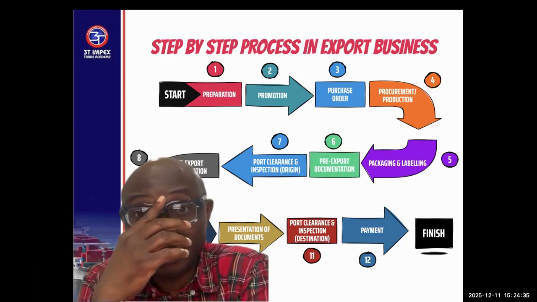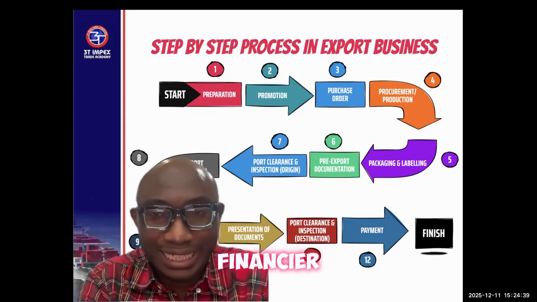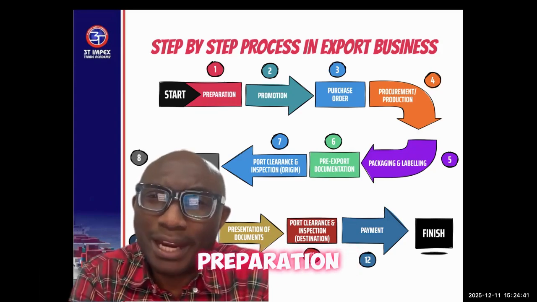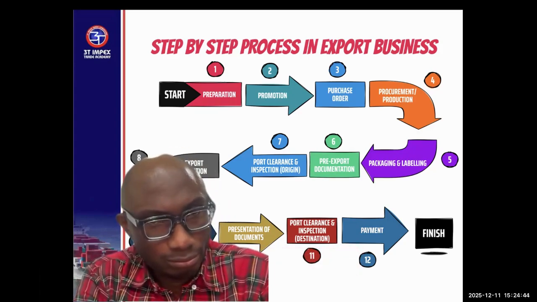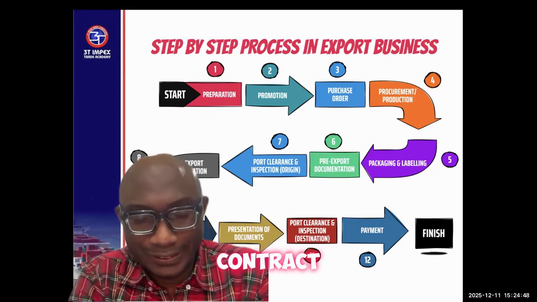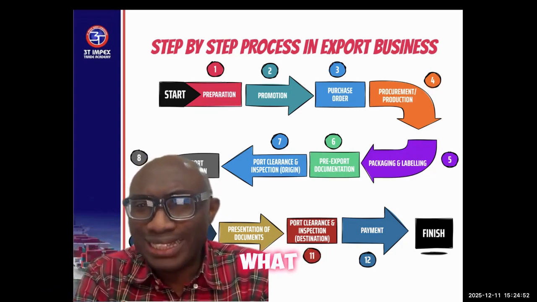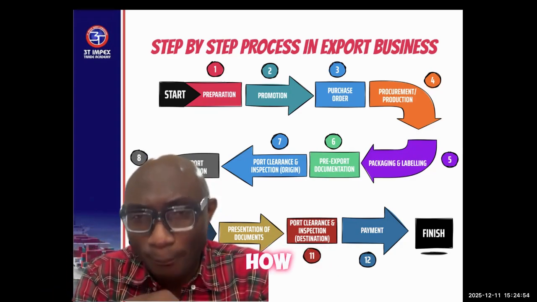In fact, to a financier, the purchase order helps the financier to know the level of preparation required to implement and execute the contract. It helps the financier to know what level of planning, how planning should be done.